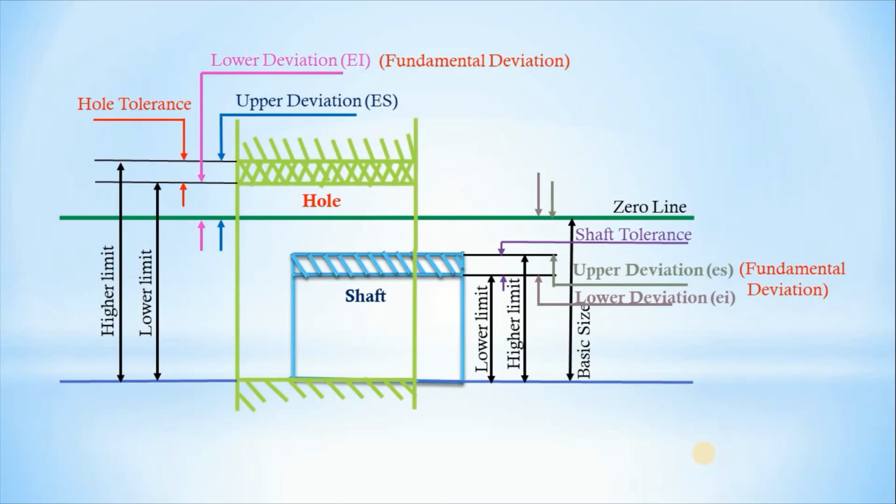When the tolerance distribution is on only one side of the basic size, it is a unilateral tolerance, and if the permissible variation is both plus and minus, then it is referred to as bilateral tolerance. That is a type of tolerance we give for the hole and shaft. Based on that, the limits and deviations can be defined.